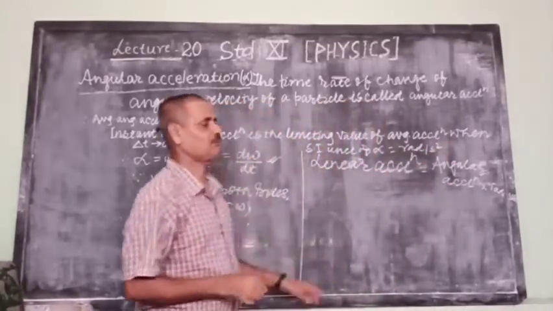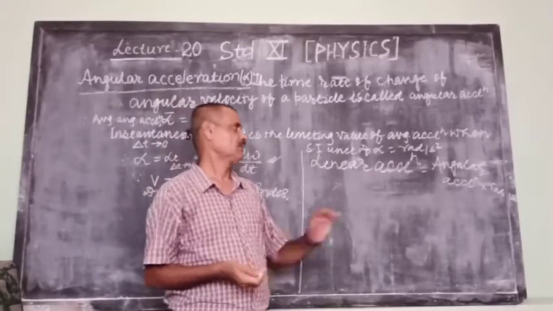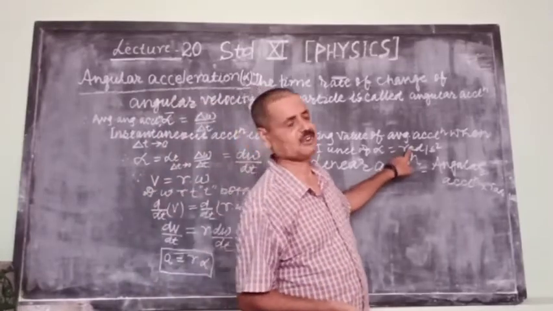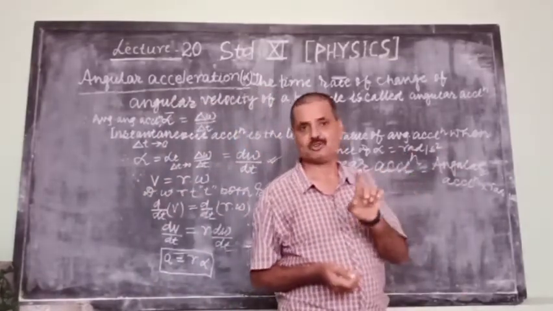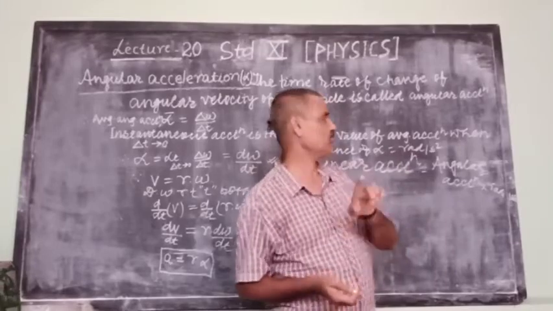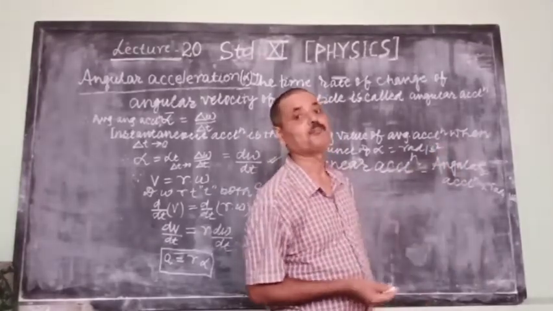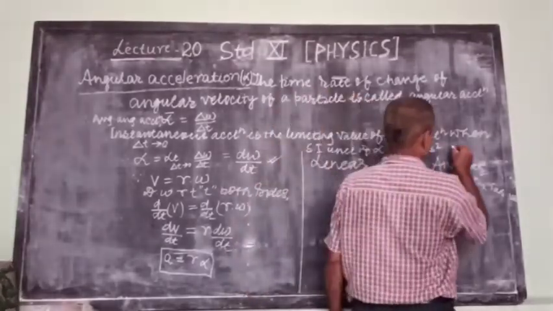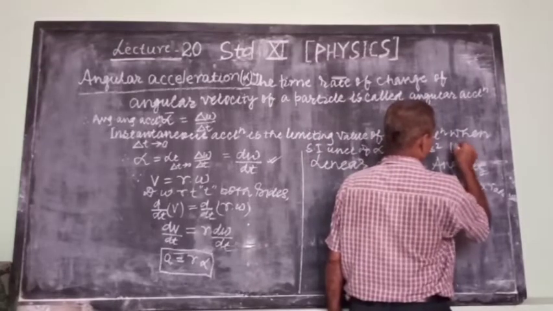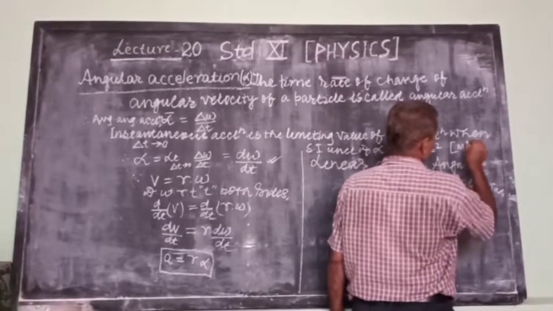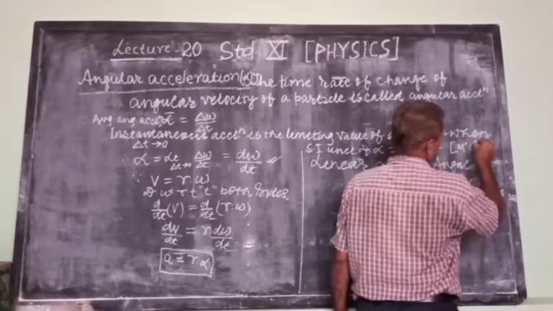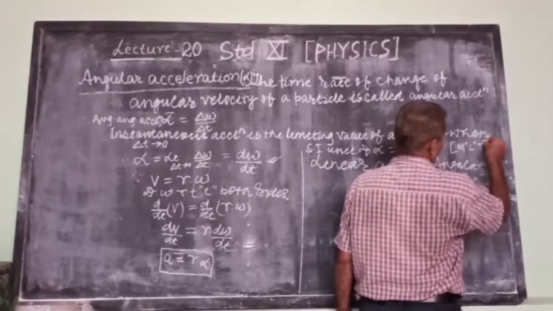What will be its dimension? Angle is dimensionless, so its dimension can be written as M0 L0 T to the power minus 2.